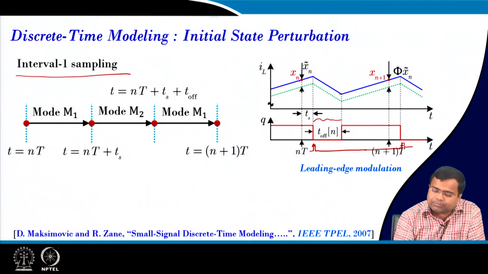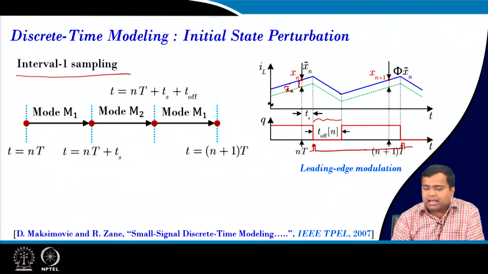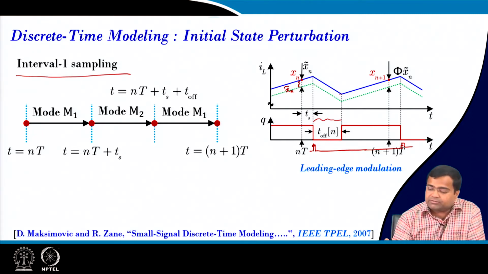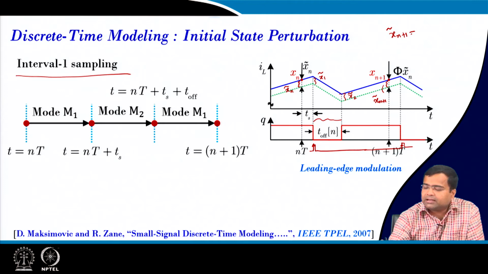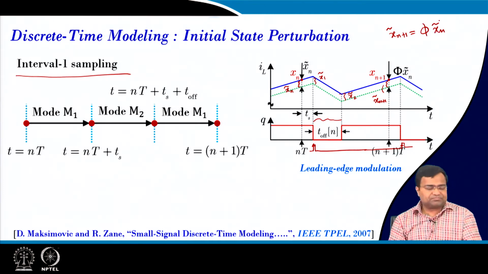Again, we are talking about a perturbation at the initial state, which is xn tilde, and we want to figure out what is the perturbation at the end of this cycle. So, here we can again consider x1 tilde, and x2 tilde, and finally this is our xn plus 1 tilde, and we want to obtain xn plus 1 tilde as phi times xn tilde. So, that is our objective.